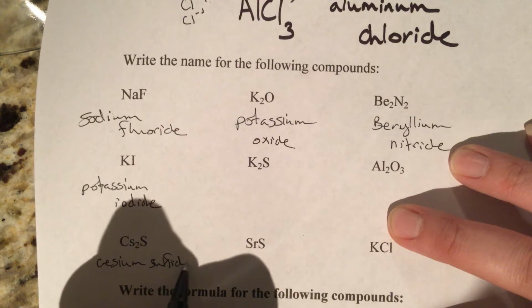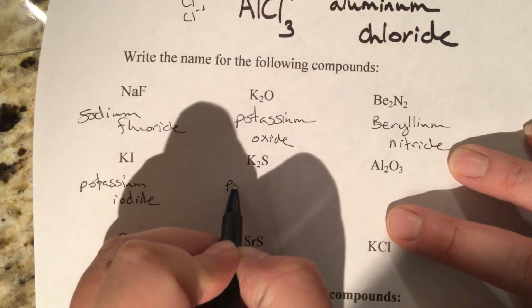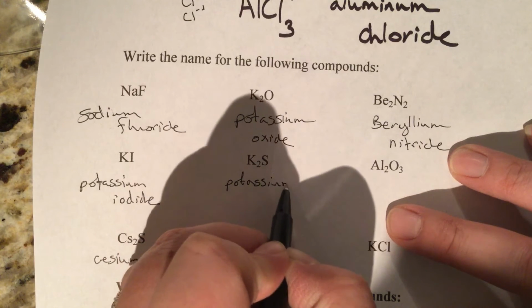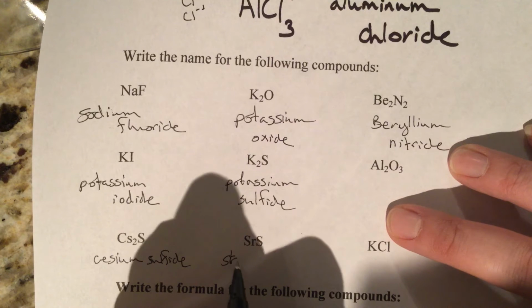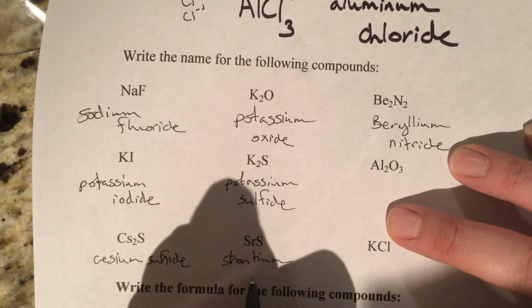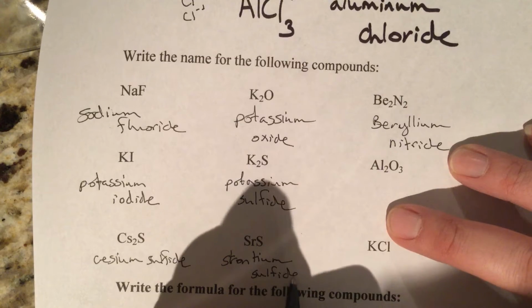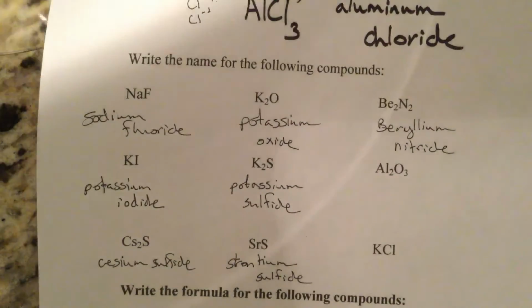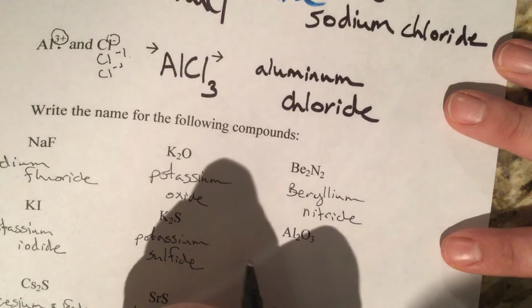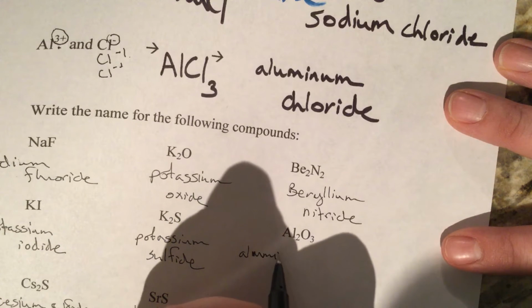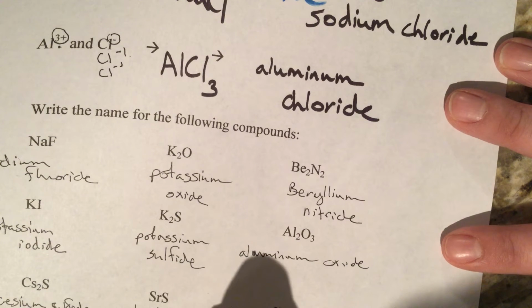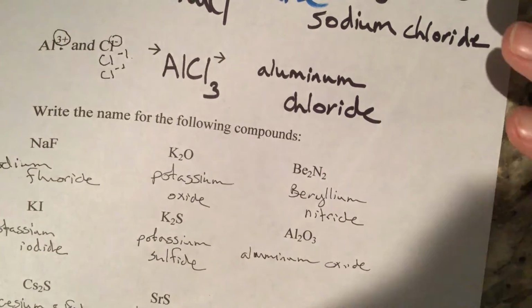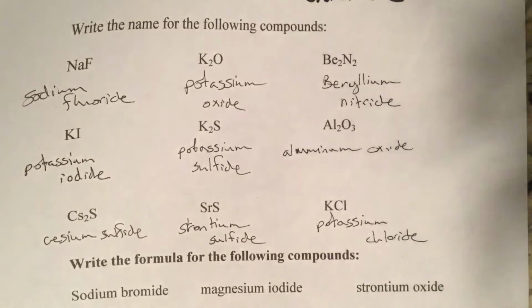Cesium sulfide, potassium sulfide in the middle, strontium sulfide over here, oxide, and potassium. Oh, sorry, you can't see. Potassium chloride.